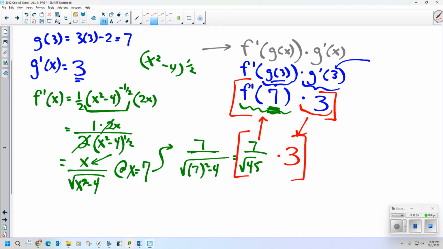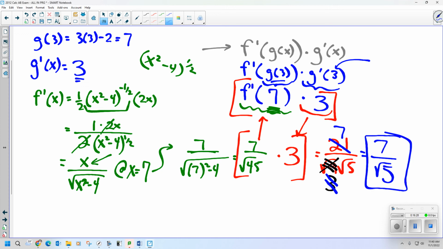All right, so let's simplify that now. 21 over the square root of 9 times the square root of 5. The square root of 9 is 3. Oh, and that's perfect. 3 goes into 21 7 times. So I end up with 7 over the square root of 5.